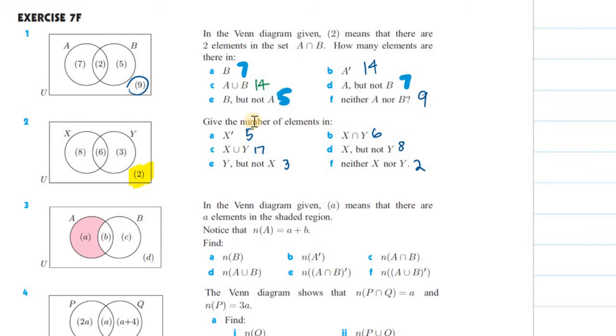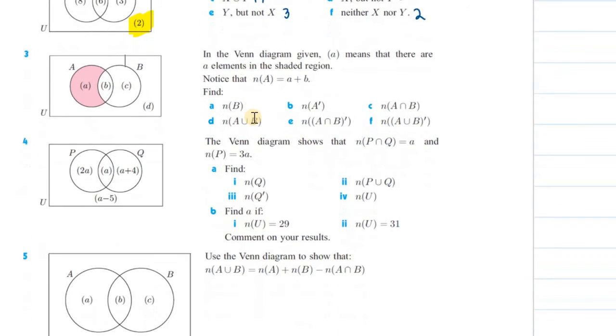Okay, let's look at number 3. In number 3, the Venn diagram regions, we don't know what they are, but we're going to write equations for them, basically.